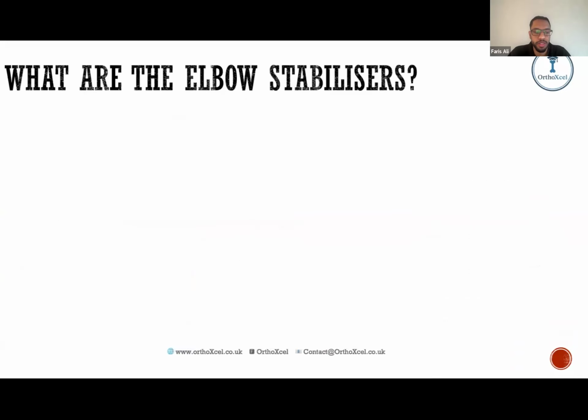Then this is what I was mentioning earlier about the elbow stabilizers. This is important because sometimes they can ask you, what are the stabilizers of the joint? You can easily divide them. During dislocations, ligamentous damage always occurs, usually from lateral to medial. You have primary and secondary static stabilizers.